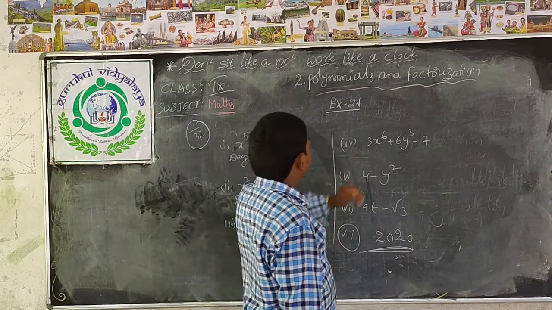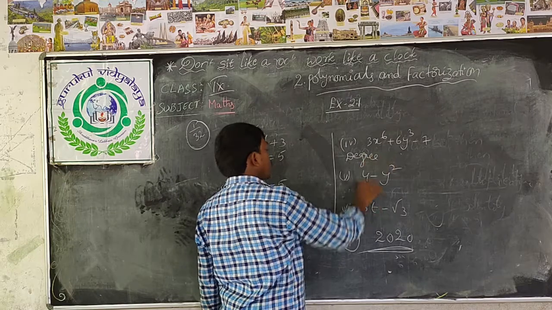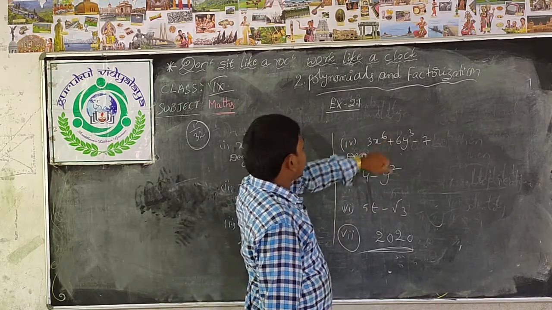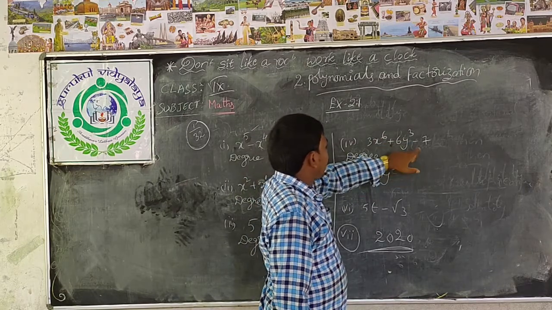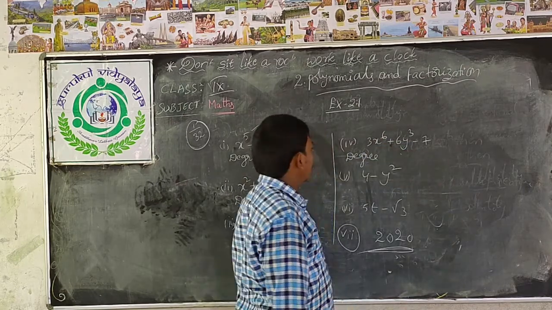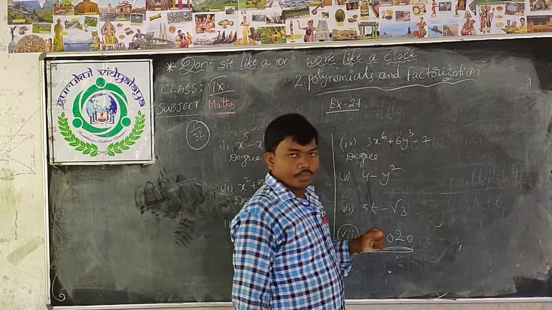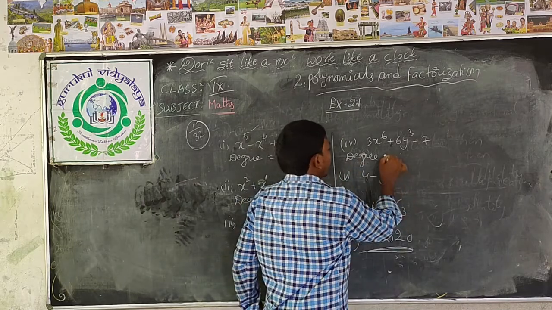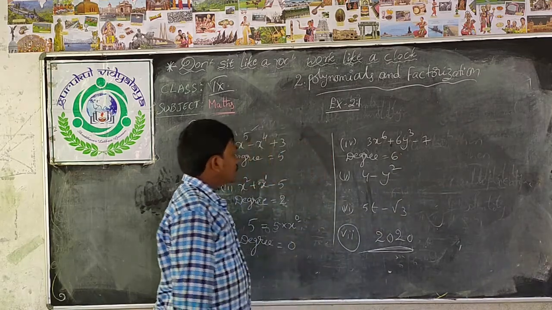So children, what is the degree of this one? 3x power 6 plus 6y cube minus 7. What is the highest power, 6 or 3? Yes, 6 is the highest here. So the degree is 6.